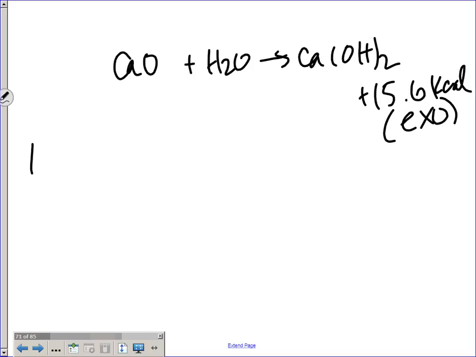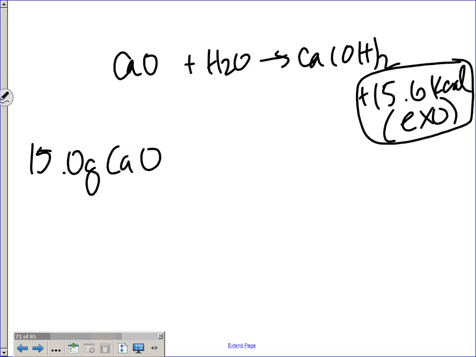It said 15.0, thank you. I'm trying to remember the question. 15.0 grams of calcium oxide was put in water. It said how much energy was produced. Well, don't forget, guys, this right here is basically like a mole ratio. This energy is directly related to 1 mole of calcium oxide because of the mole ratio that's existing within that balanced chemical equation.